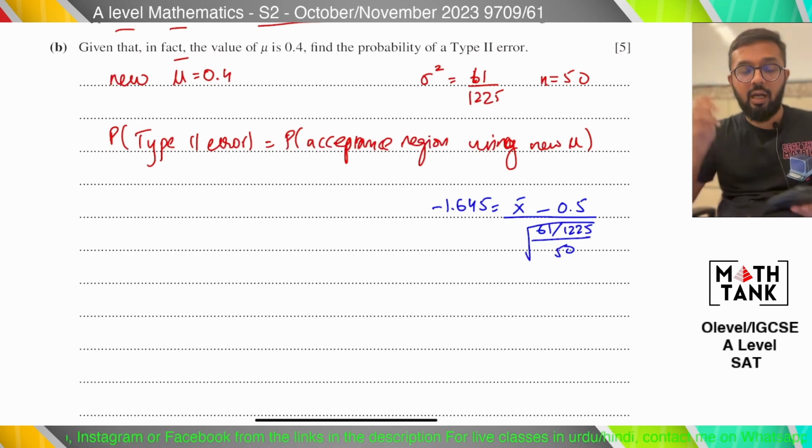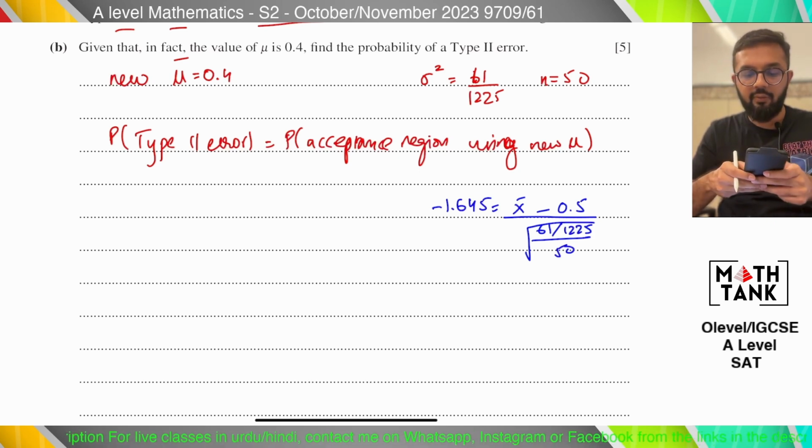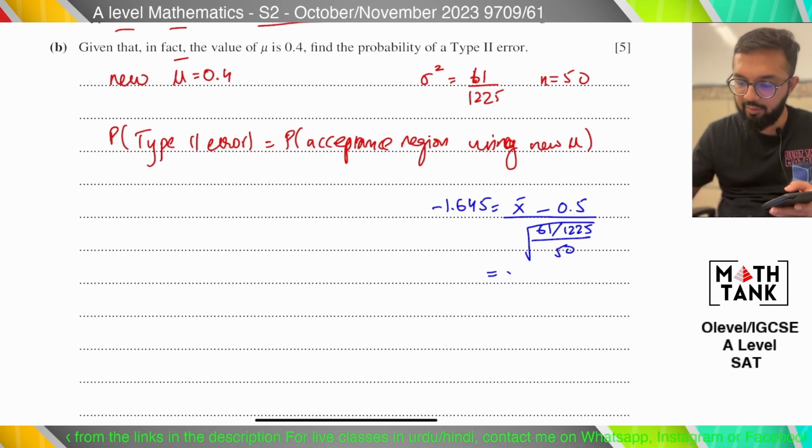Okay, so I am first going back to the previous question and converting my rejection region from my previous calculations. So the square root of 61 divided by 1225 over 50, plus 0.5. So x bar comes out as 0.448.